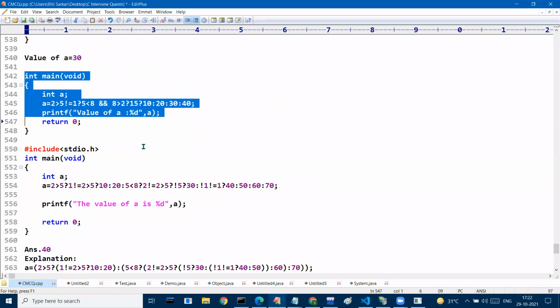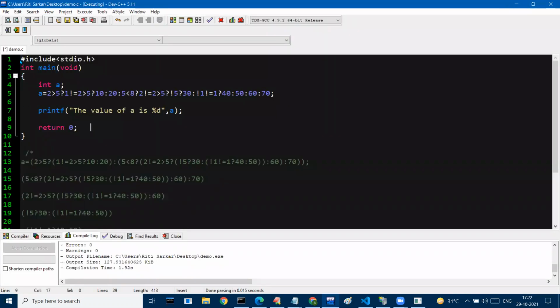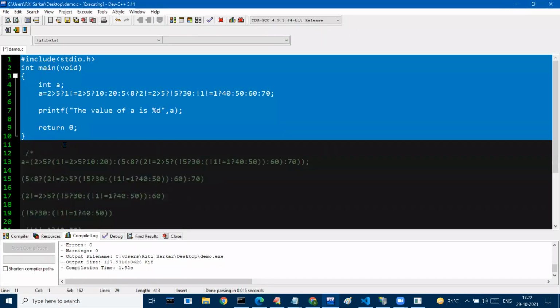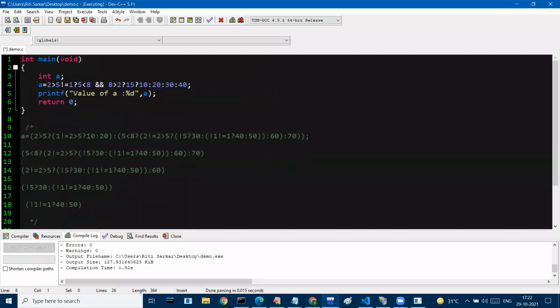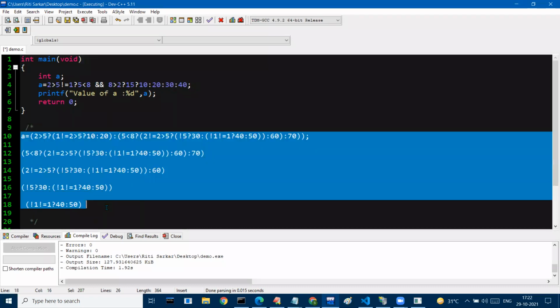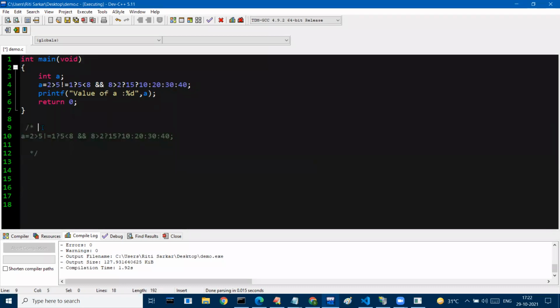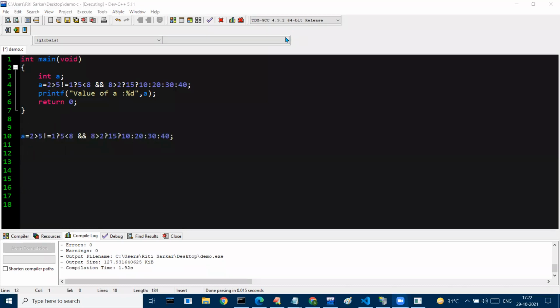This one is a bit easier because we have fewer conditional operators. Can anyone tell me, guys, what is the answer for this one without evaluating?